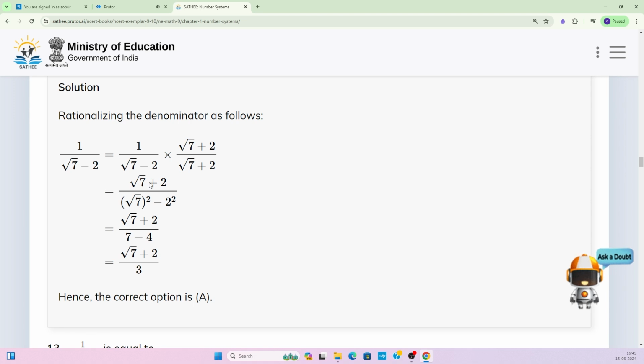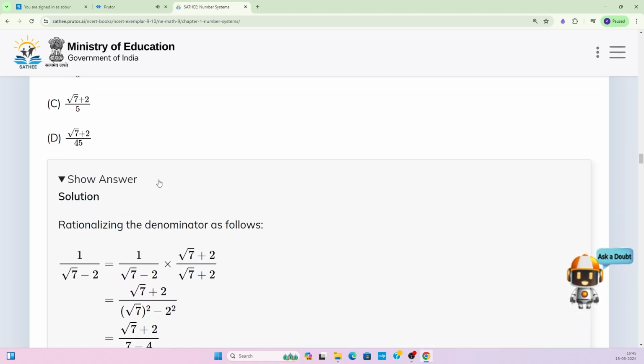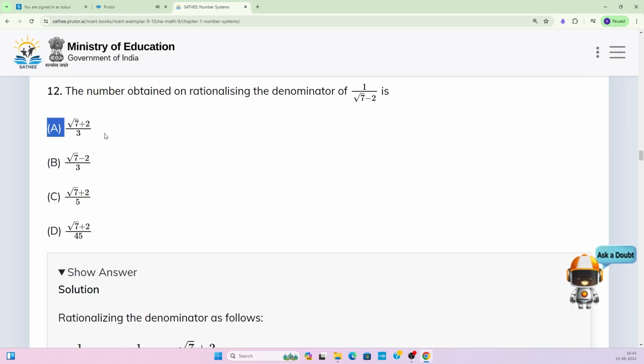This is equal to root 7 plus 2 divided by root 7 square minus 2 square, which is root 7 plus 2 divided by 7 minus 4, that is root 7 plus 2 by 3. Hence the correct answer is option number A.